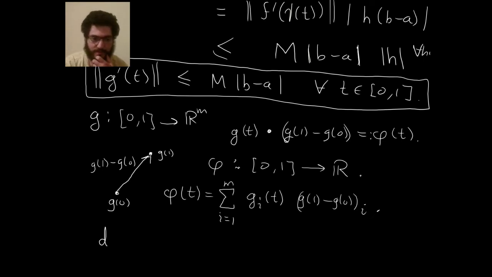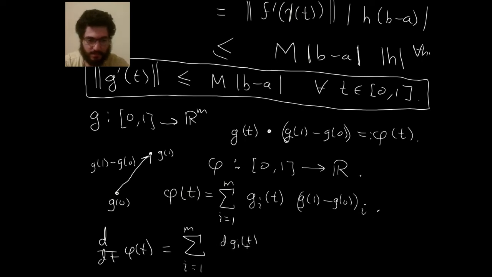So d dt of phi of t is going to be, I just take the derivative here, so it's just dg_i dt times g1 minus g0 i.